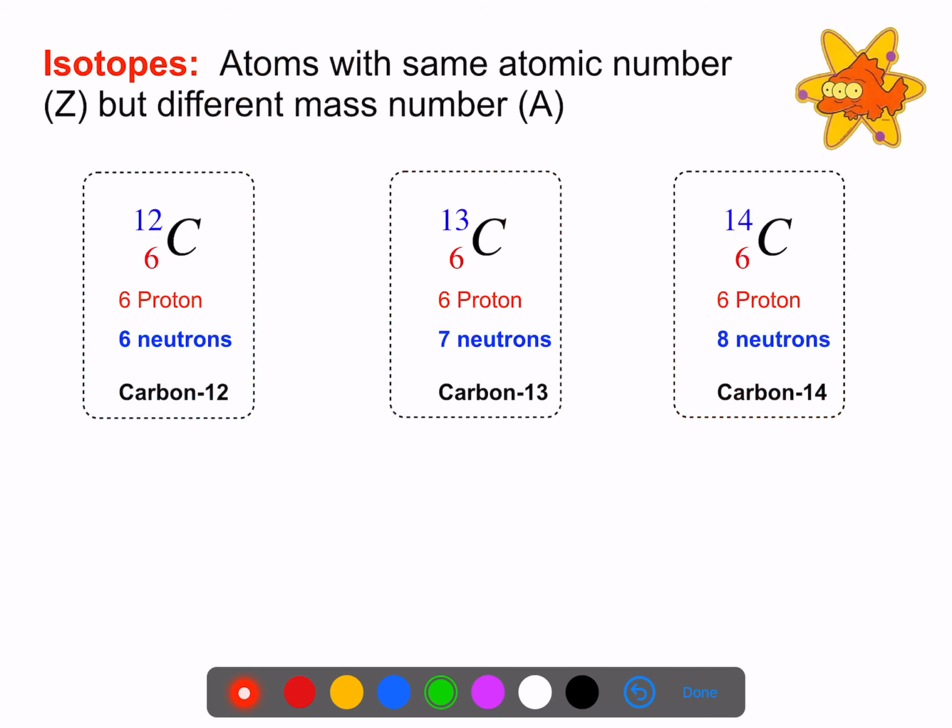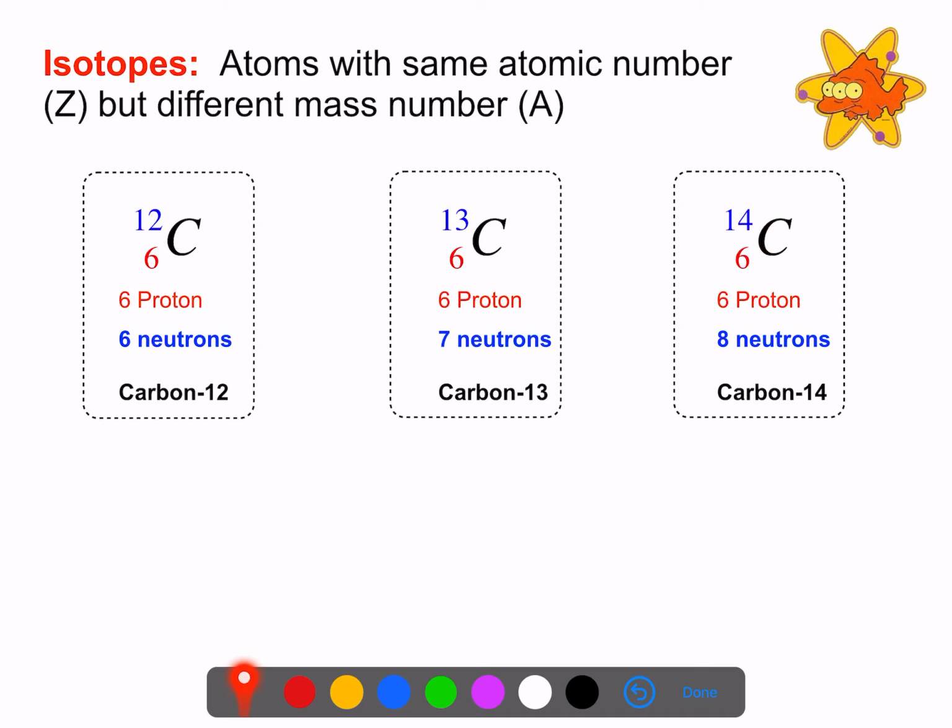And so when we think about carbon as it exists in nature, carbon can exist as a number of different isotopes. Remember, an isotope, atoms with the same atomic number but different mass number. So carbon can exist with 6 protons and 6 neutrons, that's carbon-12, 6 protons, 7 neutrons, that's carbon-13, or 6 protons and 8 neutrons, and that's carbon-14.